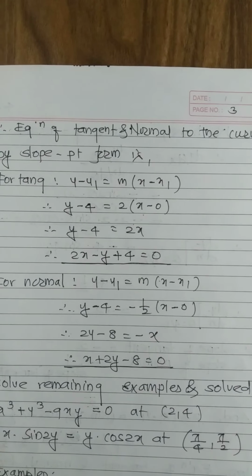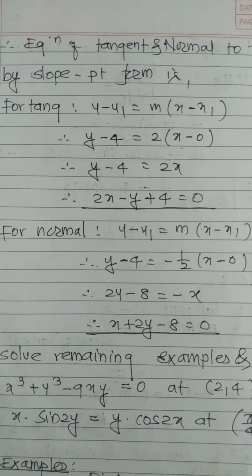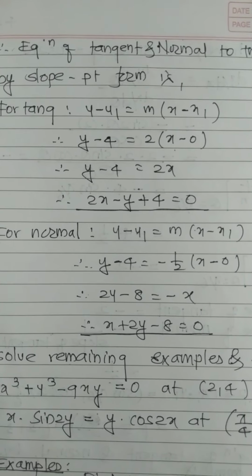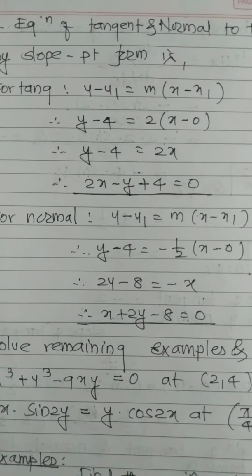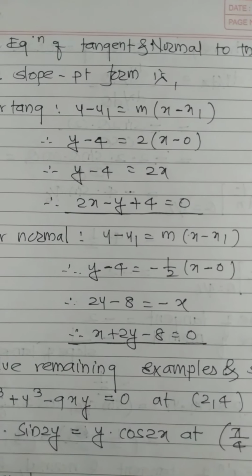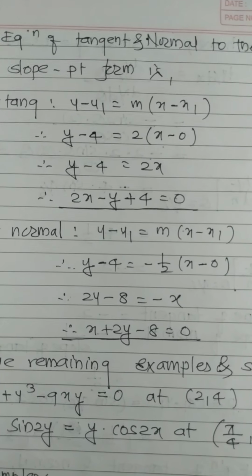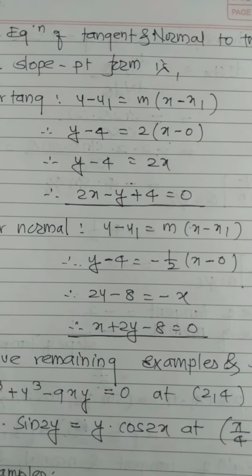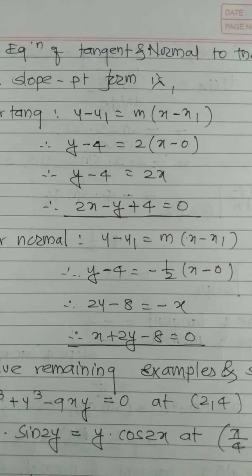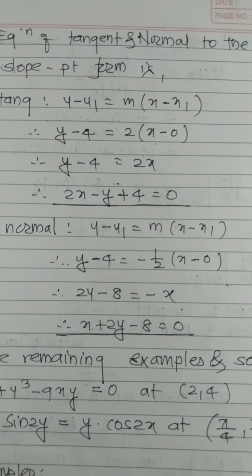The equation of tangent and normal by slope point form: first for the tangent, y minus y1 equals m into bracket x minus x1. Put m equal to 2, so y minus 4 equals 2 into bracket x minus 0. So y minus 4 equals 2x. Therefore 2x minus y plus 4 equals 0.